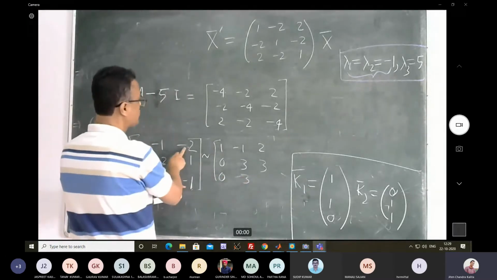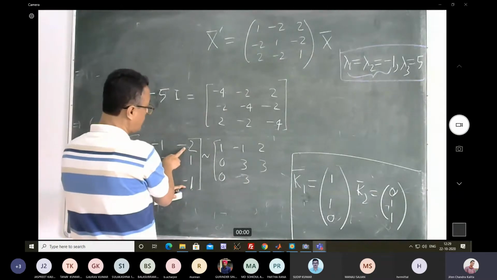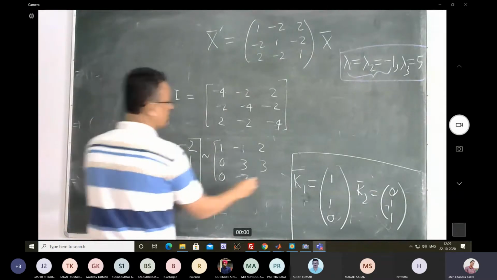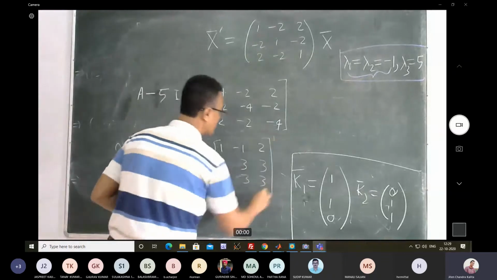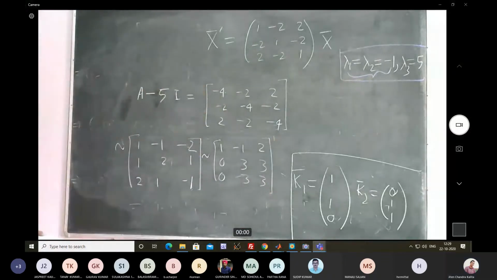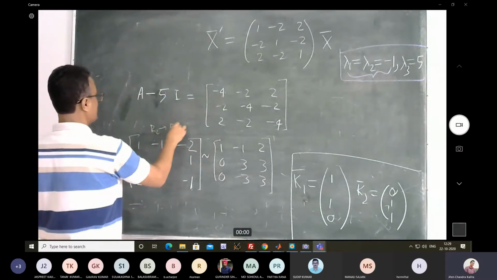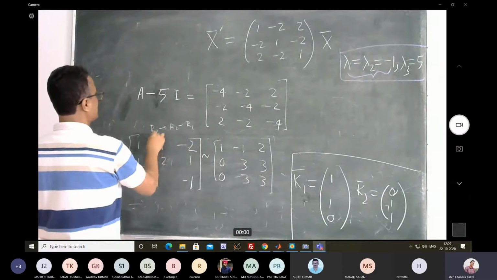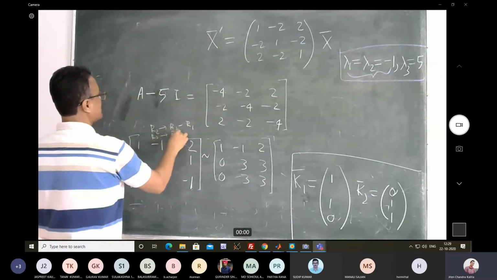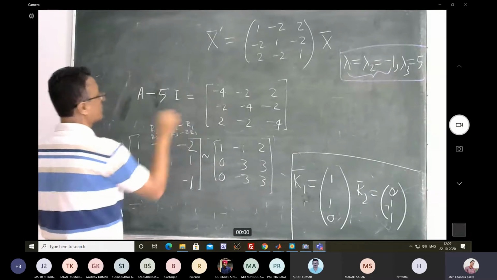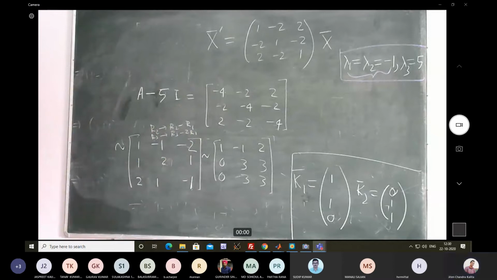Again -2 into 2 is -4, 4 -1, this is 3. Simply here, what I have done is R2 is R2 minus R1, R3 is R3 minus 2R1. That is what I have done. Is it okay?